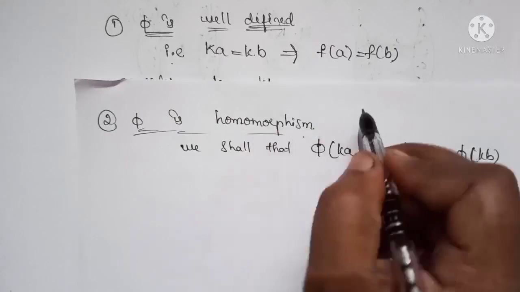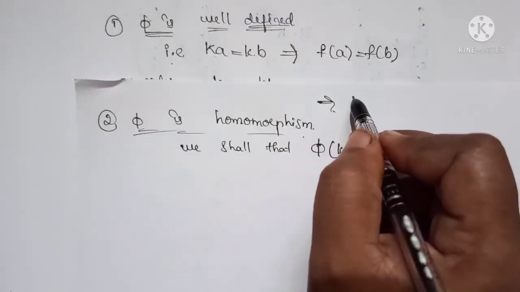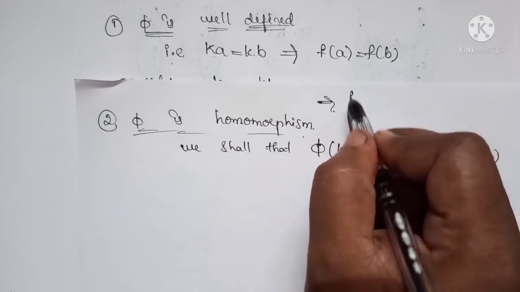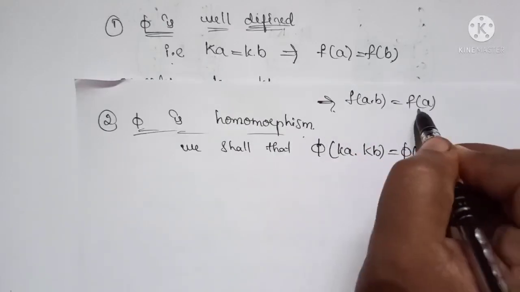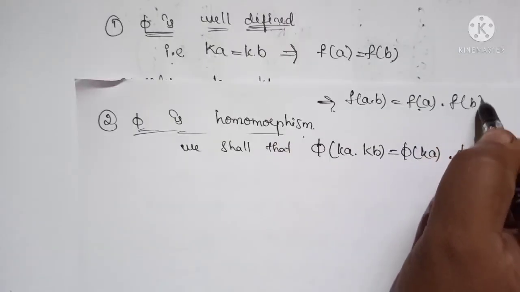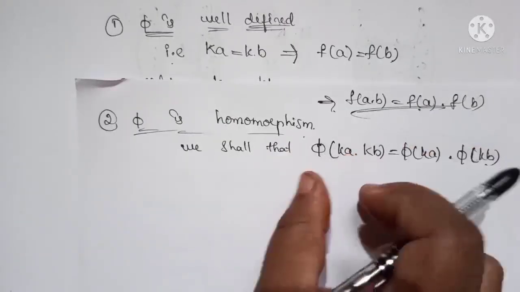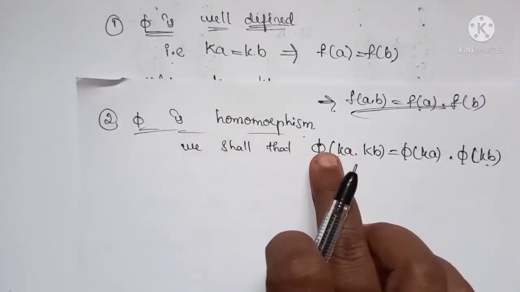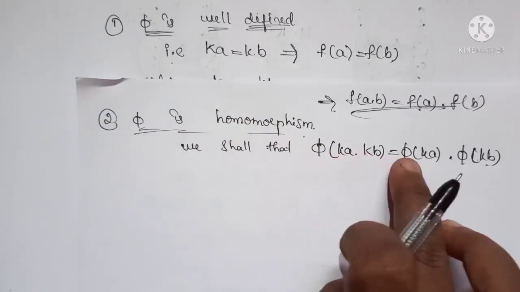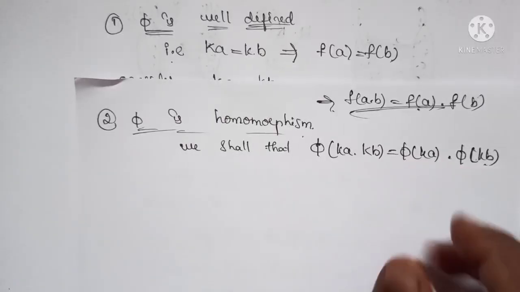As we have the definition of homomorphism of f, f of A B is equal to f of A into f of B. Similarly, since phi is a homomorphism, we have to show that phi of Ka into Kb is equal to phi of Ka into phi of Kb.